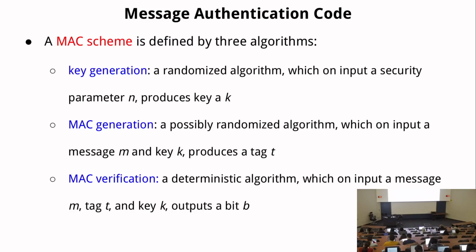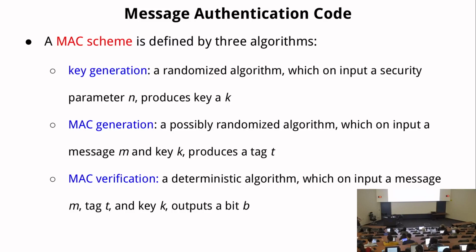First step is we need a key. Then we need to generate a MAC. However, the difference here is the MAC usually has a fixed length. It's not the same length as the original message. But if you encrypt something, the length of that should be the same length of the original message.